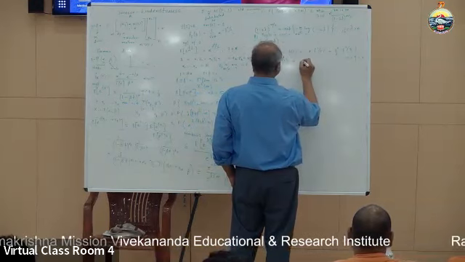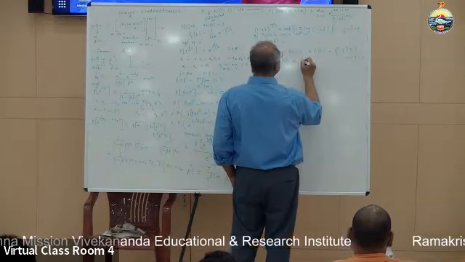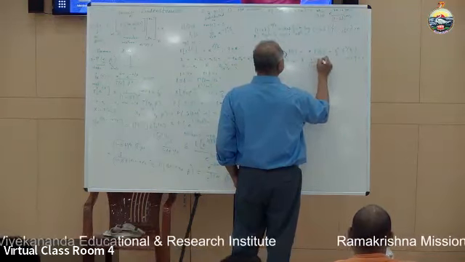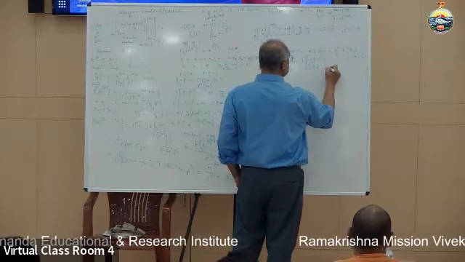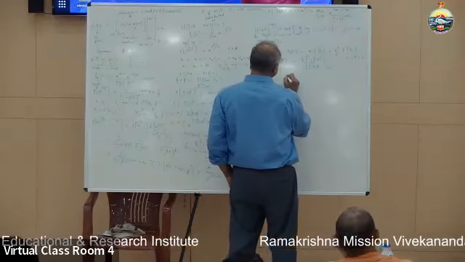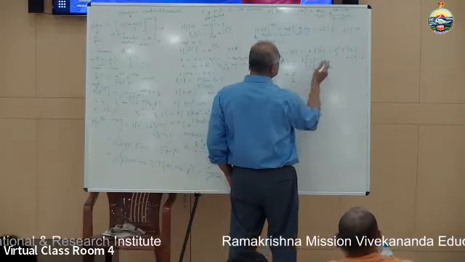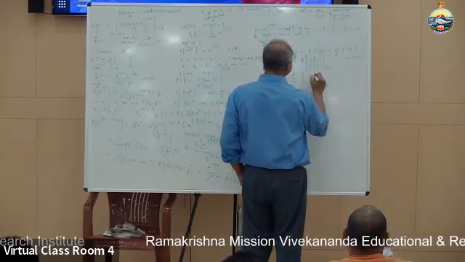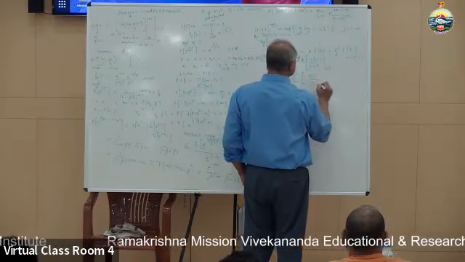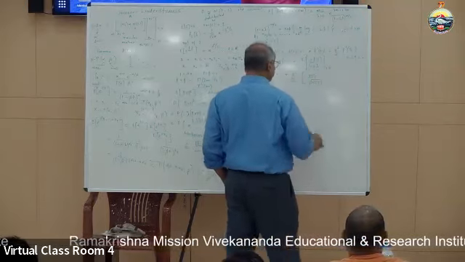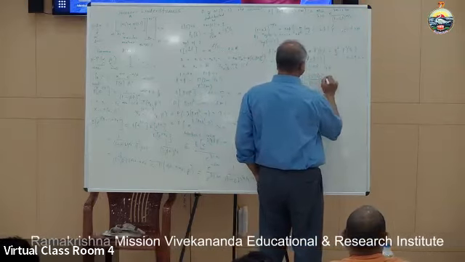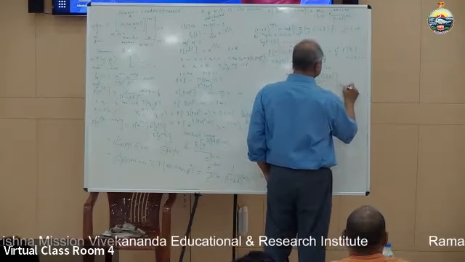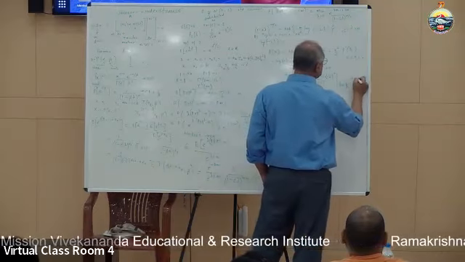Differentiate this as a function of lambda: you get 1 over 1 minus 2 lambda times minus 2, evaluated at lambda equal to 0. And then lambda squared by 2 times the second differential of this, which would be minus 2 over (1 minus 2 lambda) squared times minus 1 times minus 2. This will be evaluated at some eta, and we know that 0 is less than eta less than lambda.